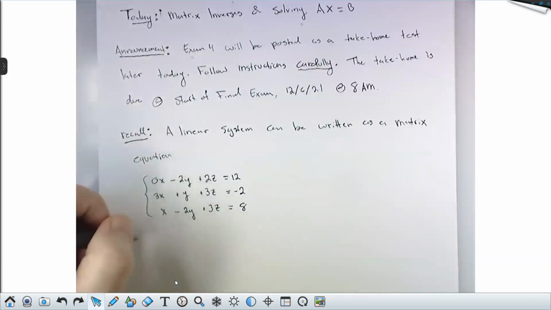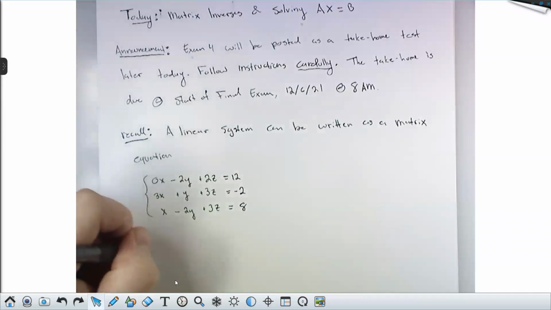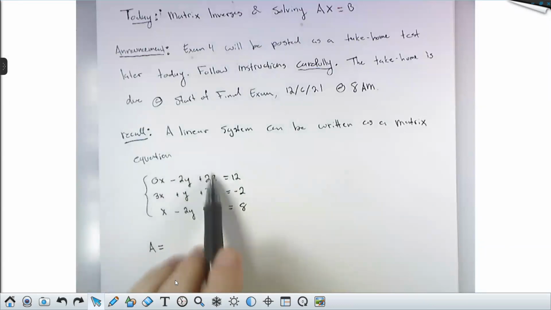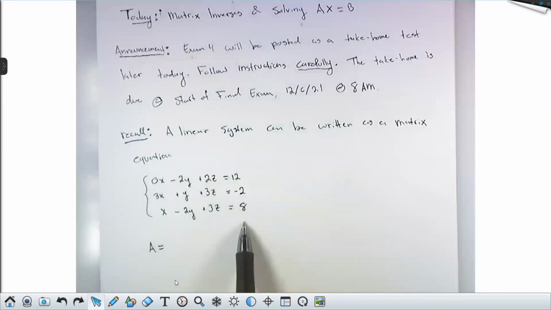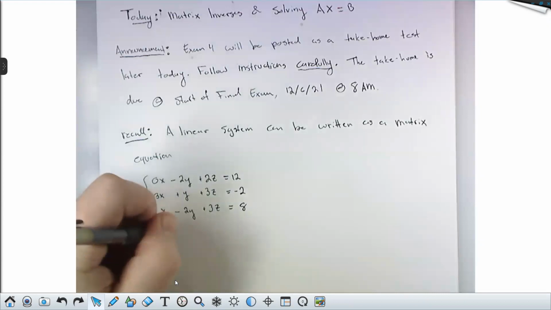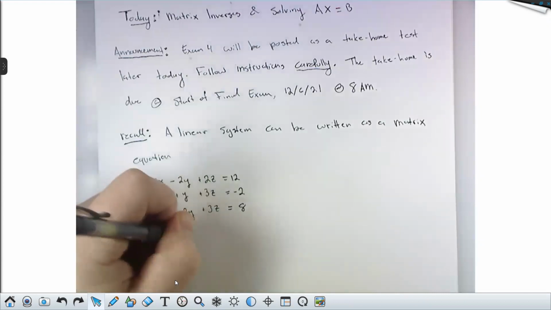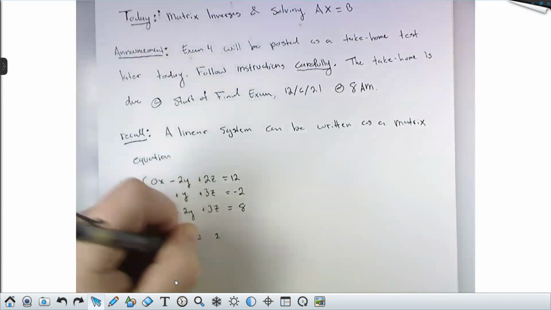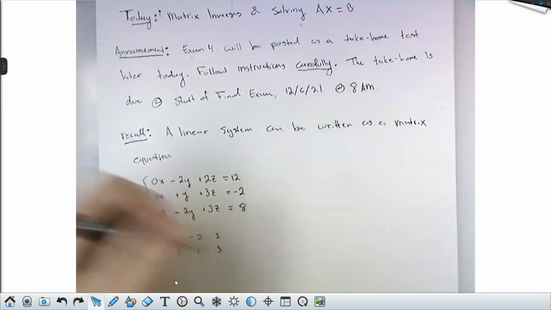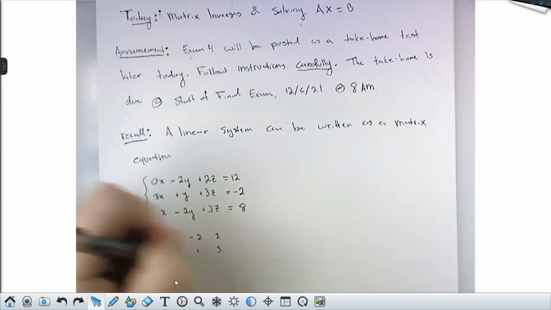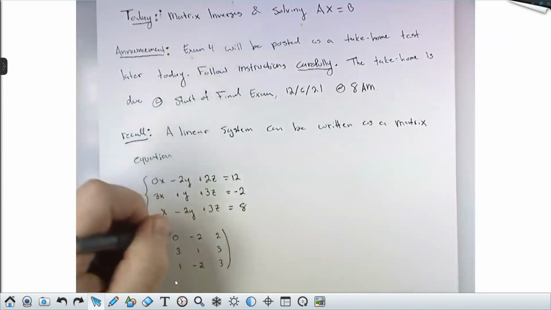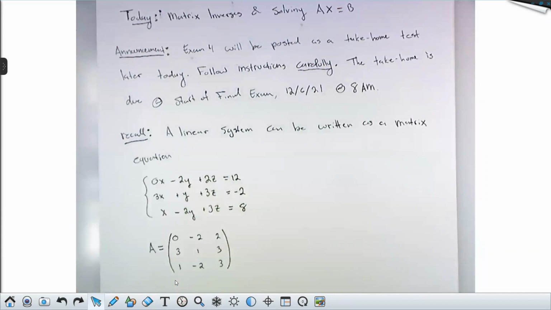And write down the coefficient matrix, which is just the matrix of coefficients from the left-hand sides here. We don't write these guys. That's the augmented coefficient matrix. So we just want the regular coefficient matrix: 0, -2, 2, 3, 1, 3, 1, -2, 3. Say A, 3 by 3.